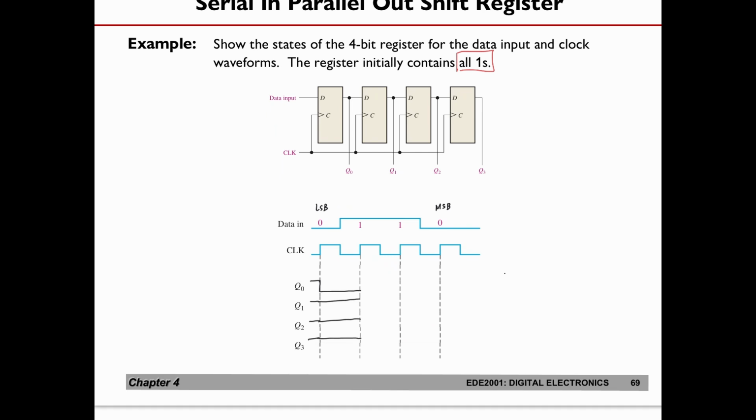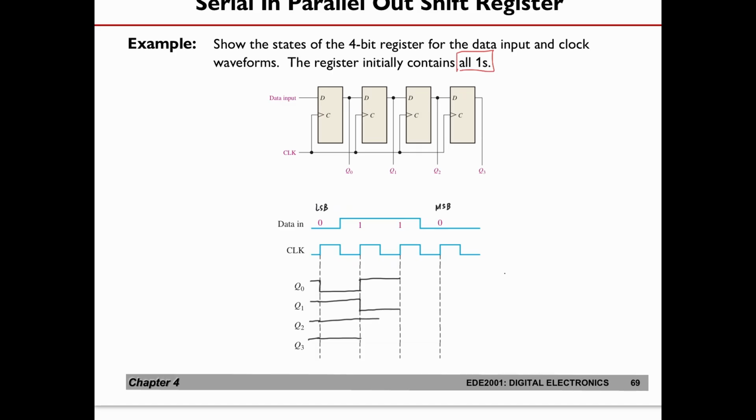At the next clock cycle, the data input has changed to a 1, so Q0 will follow that after the propagation delay. And at the next clock cycle, Q1 becomes 0 because the input to it is a 0. Then what happens to Q2?